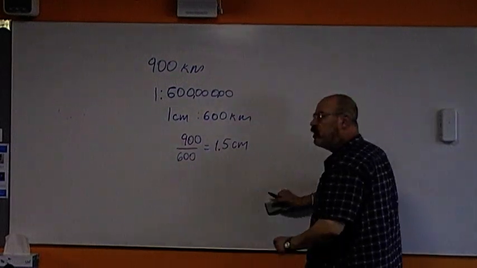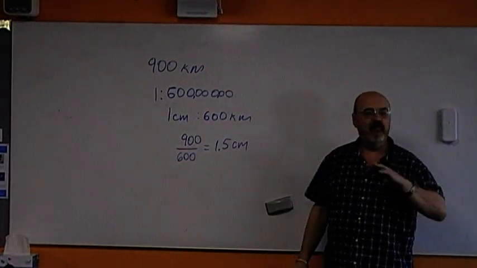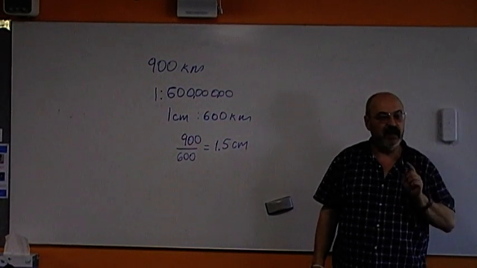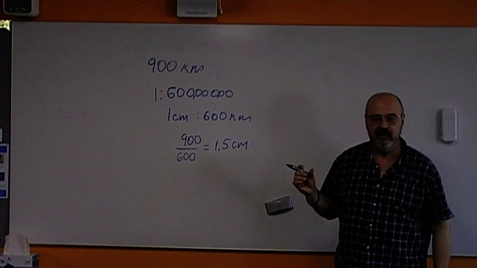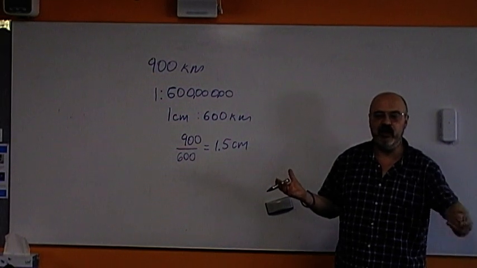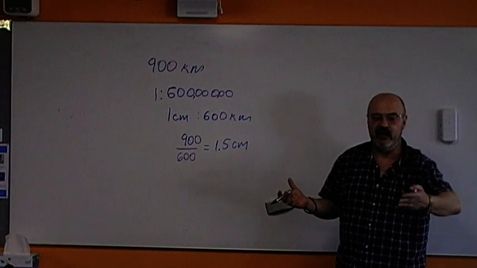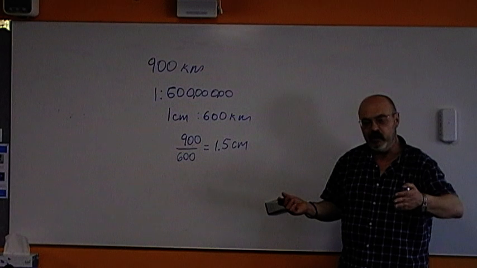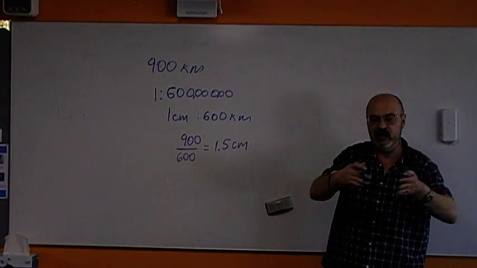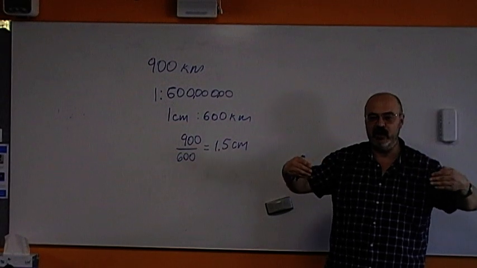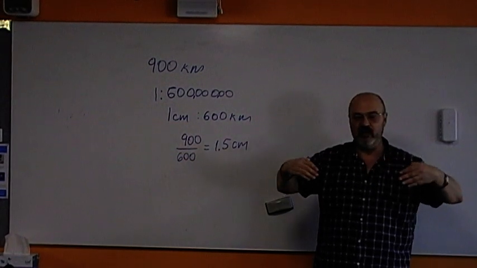So let's say on the map, the distance from Melbourne to, let's say, Albury. What's Albury? Albury is a town on the border between Victoria and New South Wales. People often say Albury-Wodonga, because it's like one city divided by the river, and the border between Victoria and New South Wales is on that river.